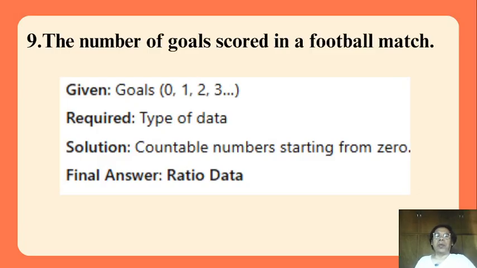The number of goals scored in a football match. So we're given goals 0, 1, 2, 3, and so on. Required the type of data. So solution, countable numbers starting from 0. So the final answer is ratio data.